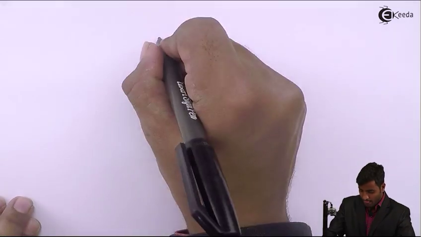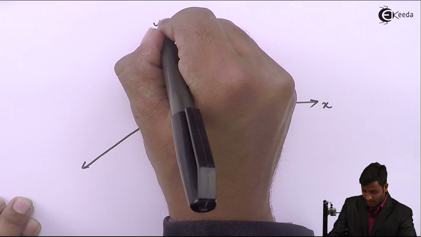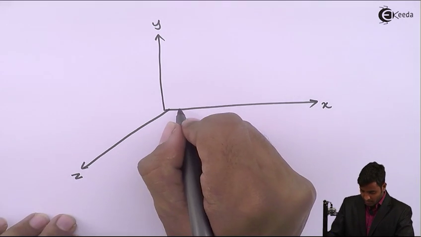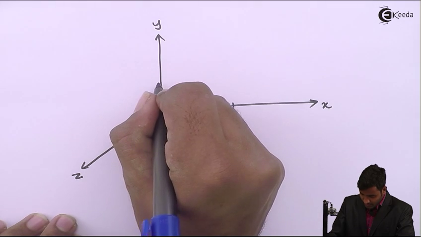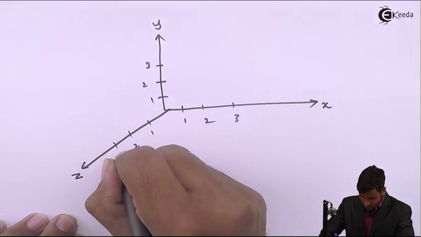Lastly, it says that we have to plot the Bezier curve on the graph. So this is x, y and z. This is 1, 2, 3, 1, 2, 3, 1, 2, 3.